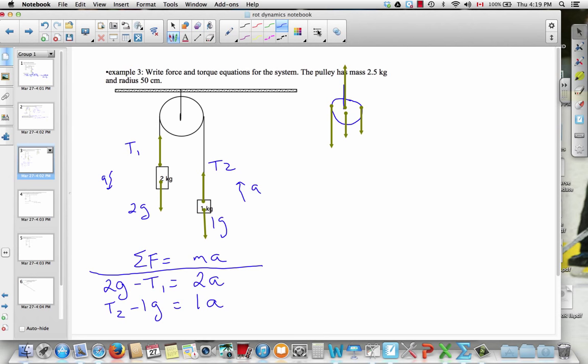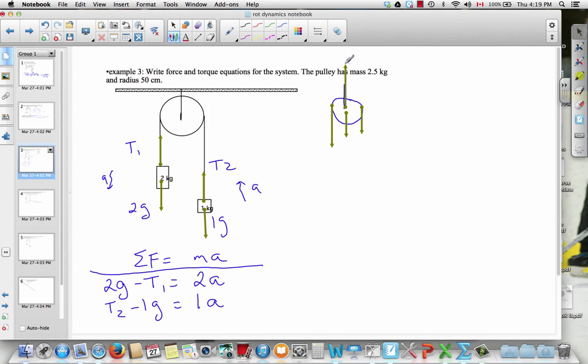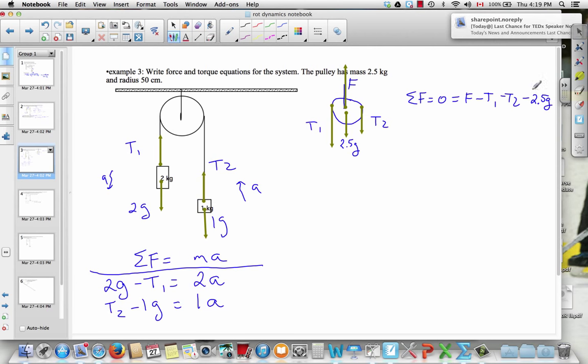So as a result, these forces have to be balanced. So this is the T1 force, this is the T2 force, and this is the weight mg, so 2.5 g. So on the pulley, the sum of the forces must be 0 because it doesn't go up or down. So that's F minus T1 minus T2 minus 2.5 g equals 0.